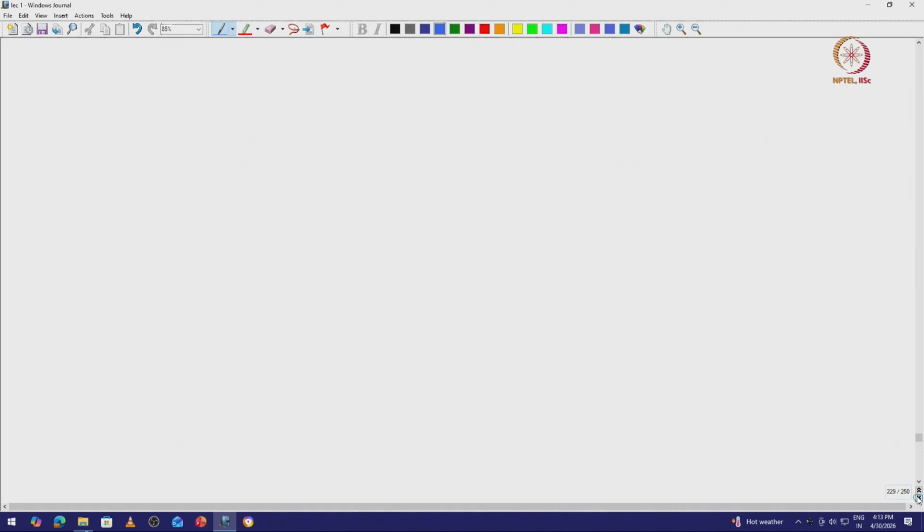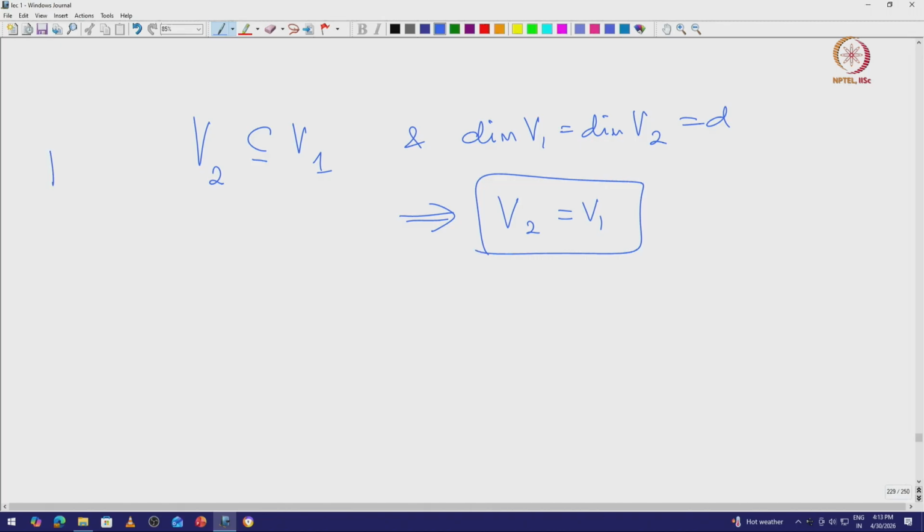Now, we already verified, which is easy to verify, that V 2 is a subset of V 1, and the dimensions of V 1 and V 2 are the same, both equal to d. That would immediately imply that V 2 must be V 1. This is a simple fact from linear algebra: V 1 is a vector space, V 2 is a subspace of V 1 whose dimension equals the dimension of V 1, so V 2 must equal V 1.